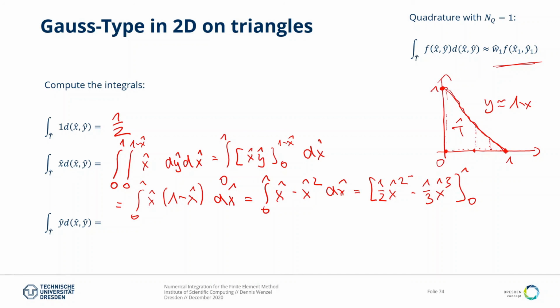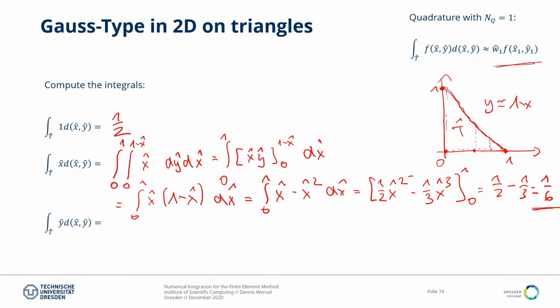So the 0 part again vanishes completely, and the 1 part is simply 1/2 times 1 minus 1 over 3 times 1. So 1/2 minus 1/3, and that is precisely 1 over 6. So my integral over the x is just 1 over 6.